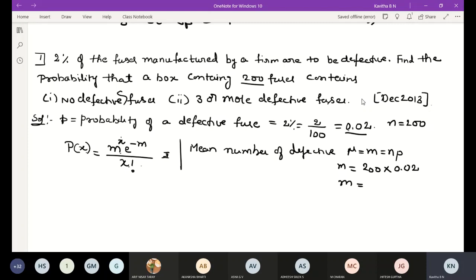What is the answer? Four, ma'am. m is equal to 4.